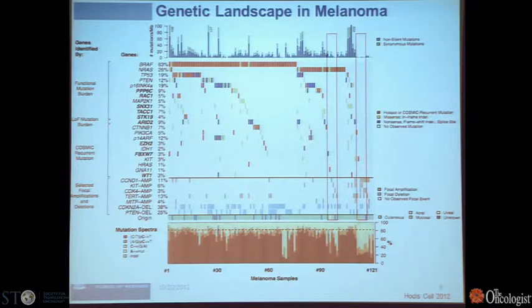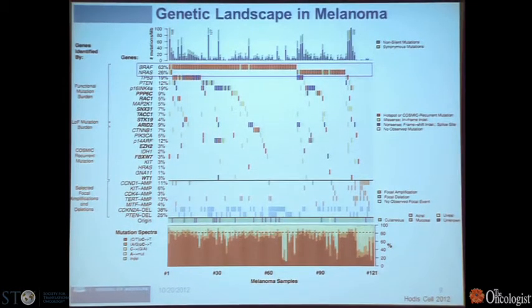Another interesting thing that you see is what we have known for years now, that most of these melanomas do have B-RAF mutations. A subset of these have N-RAS mutations, but you can see that these two mutations are mutually exclusive, with the exception of a very few rare cases where you have double mutations.